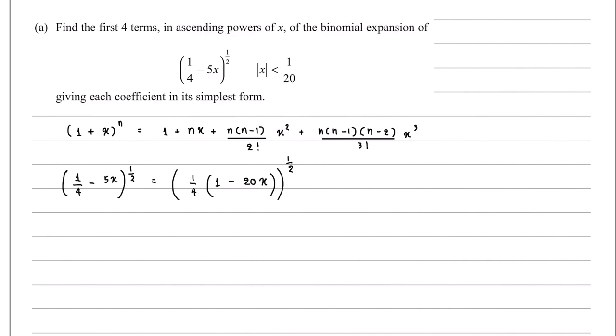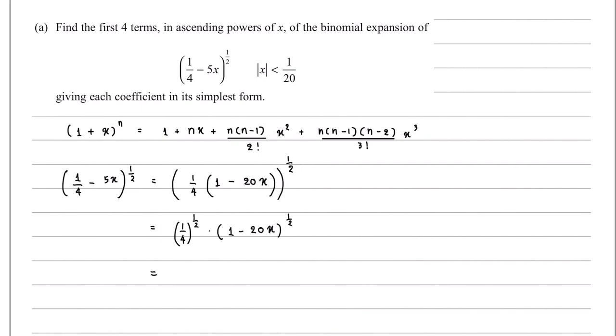The whole thing has the power of 1/2, so we can expand the power of 1/2 into each term here. So it will be 1/4 to the power of 1/2 times 1 minus 20x to the power of 1/2.